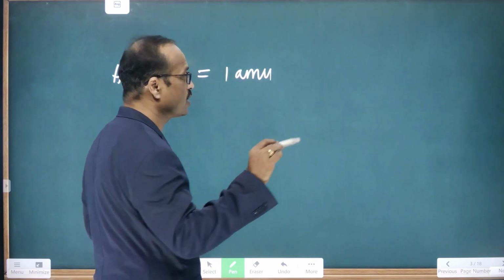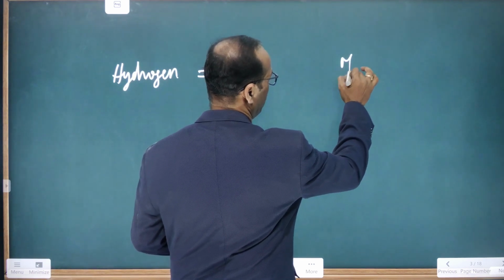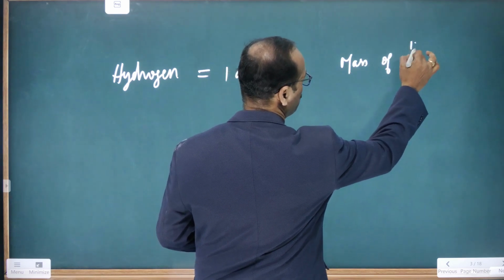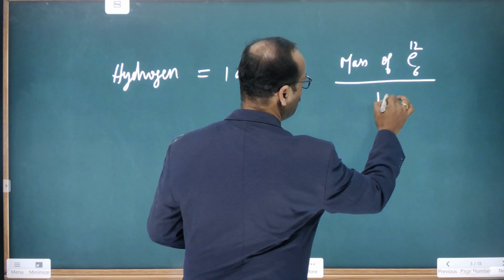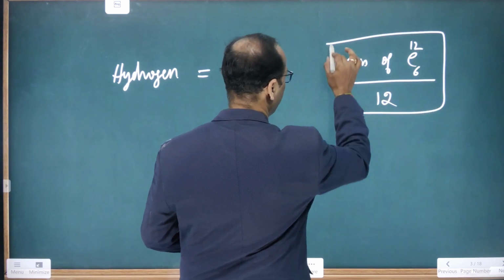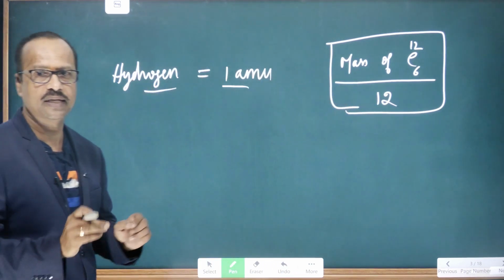The meaning is, if I divide the mass of carbon-12 by 12, what I will get is equal to the mass of hydrogen.